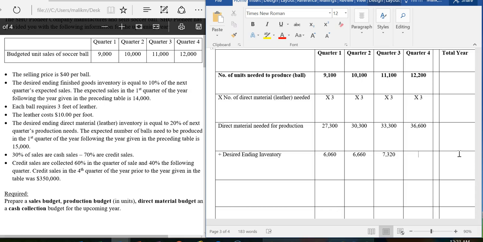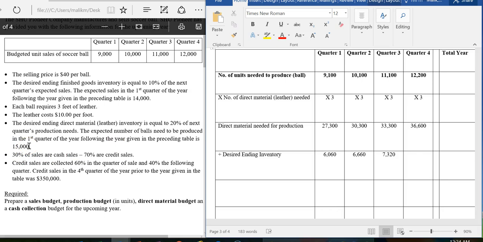If you follow it, you will find their last quarter's desired ending inventory. I'm repeating, for your last quarter, you need to check the following quarter's production need. And they actually mentioned it. But please note that this following quarter's information is in terms of number of balls. So for the following year's first quarter, they want to produce 15,000 balls.